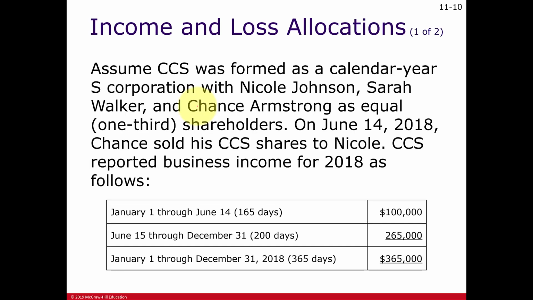Here's an example. We have our CCS Corporation that we've been dealing with for the past few chapters. And we have a profit of $365,000 for the whole calendar year that we're going to divide up among three shareholders, Nicole, Sarah, and Chance. Each of them owns 1/3 of the shares of outstanding common stock in this corporation.